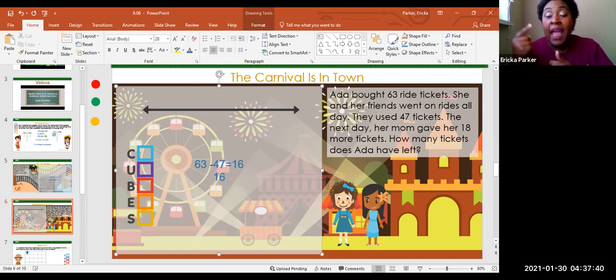So when we have that word 18 more and the word gave, are you going to subtract? No, you are going to do addition. So 16 plus 18 equals what?